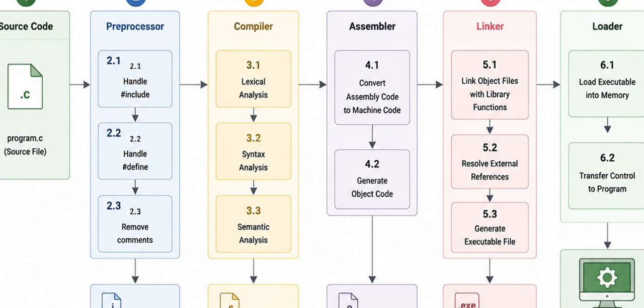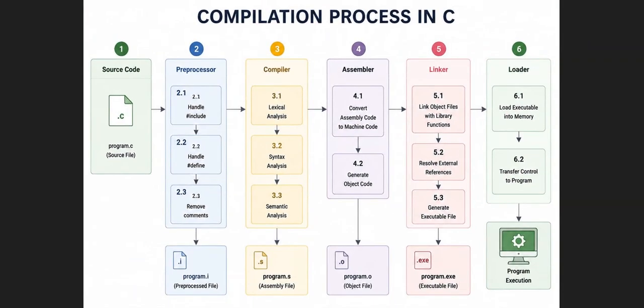Here the source code is now converted into machine code. Of course, it is converted into machine code, but it is still incomplete. Now it is converted into an object code. This object code is stored in the object file with the .o extension.